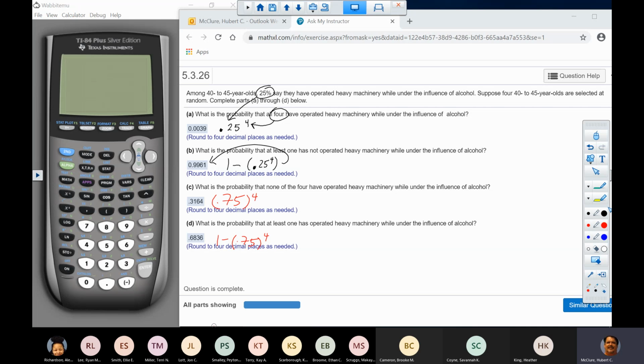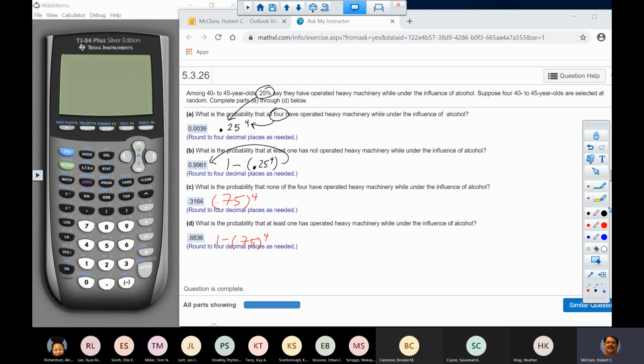Now, go back. What is the probability that all four have done construction work with a piece of equipment drunk or under the influence? 0.0039. That's almost 0. What is the probability that at least one has not operated?